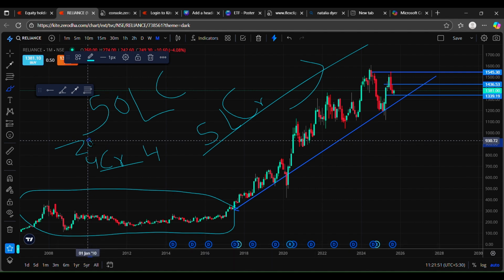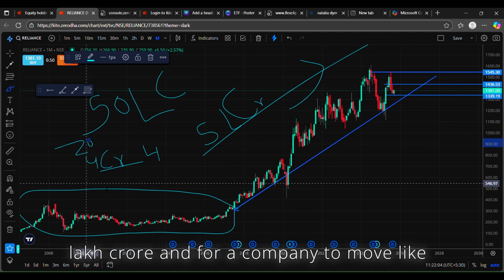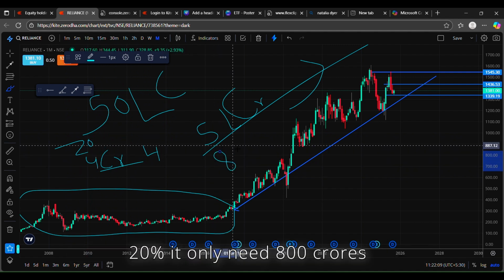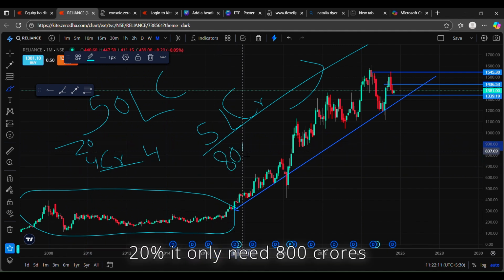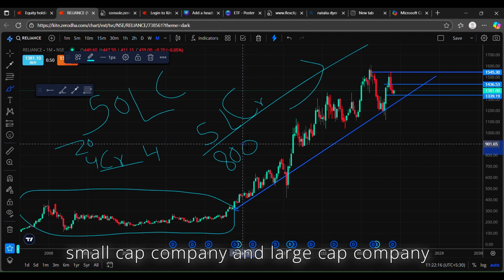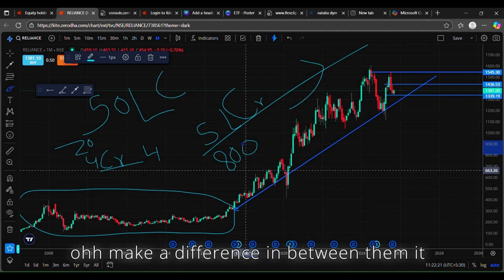You see, it needs only 800 crore rupees. Now for a company to move 10%, it needs 5 lakh crore, and for a small cap or mid cap company to move 20%, it only needs 800 crores, right? So this drastic difference makes a difference between a small cap company and a large cap company.